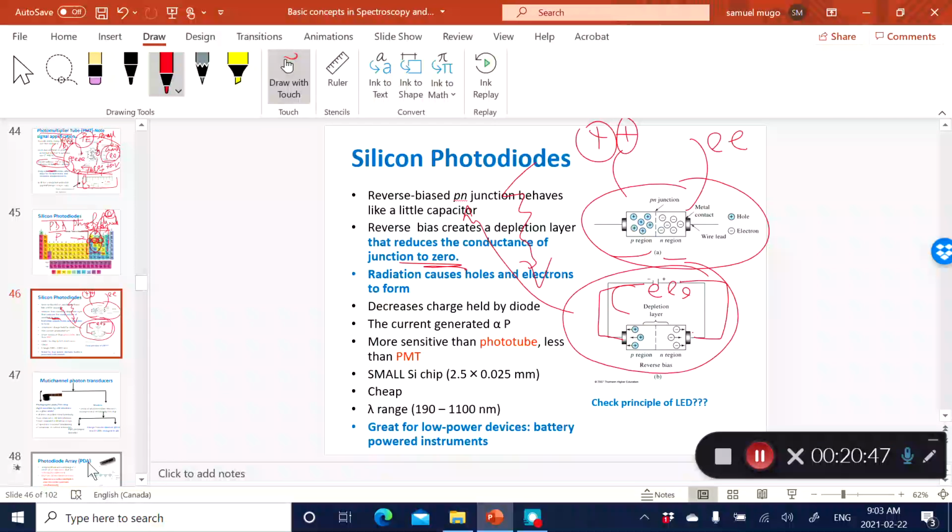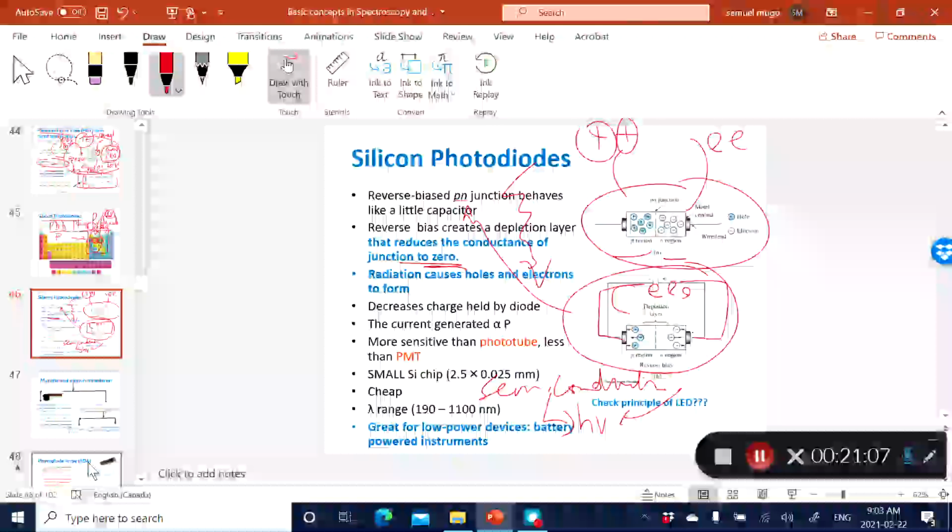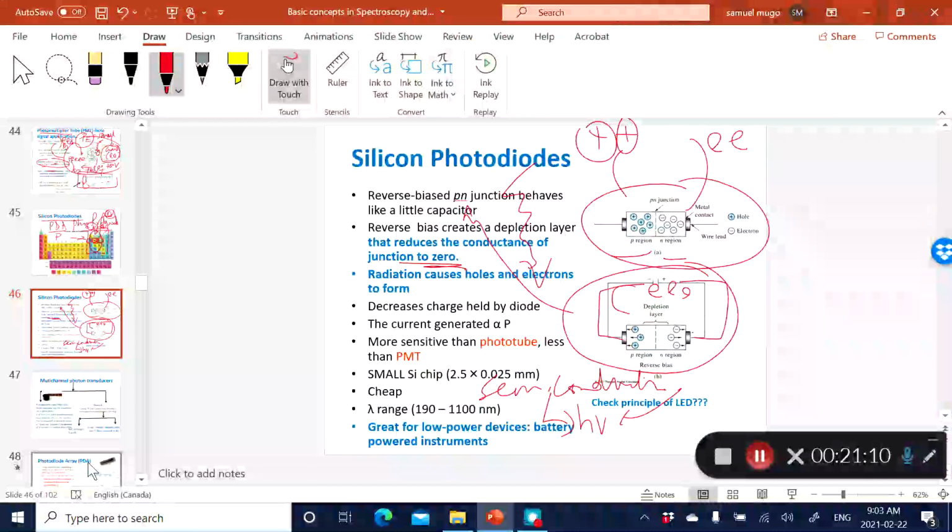And I hope that's fairly clear, guys, that anytime you have a semiconductor and you impinge it with light, the electrons in the valence band can be promoted to what you refer to as the conducting band. In the conducting band, the electrons freely flow.